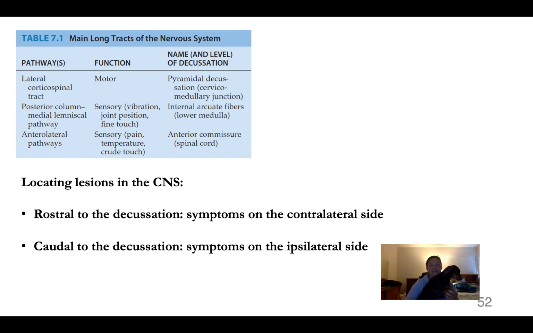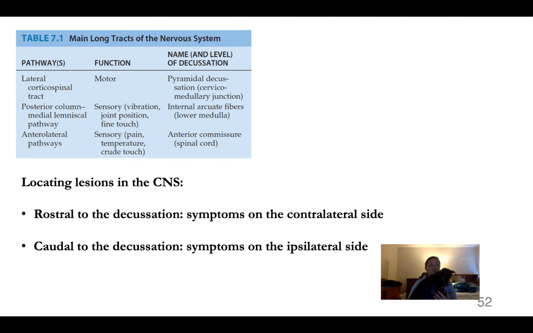Now, when we get to locating lesions in the CNS, and this is really what we've been building to, which we'll do in this weekend tutorial, most of us are familiar with the lateral corticospinal tract, and it crosses, of course, at the pyramidal decussation at the junction of the cervical spinal cord and the medulla. We now know that the dorsal column medial lemniscus pathway crosses at the internal arcuate fibers of the lower medulla, and the anterolateral pathways cross in the anterior commissure of the spinal cord.